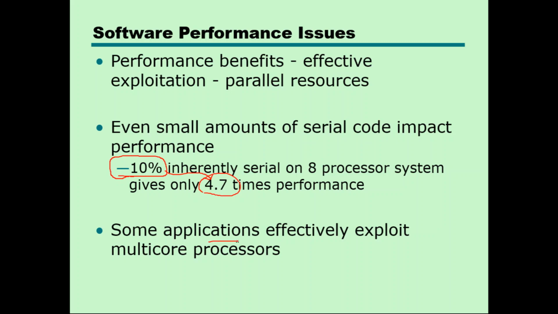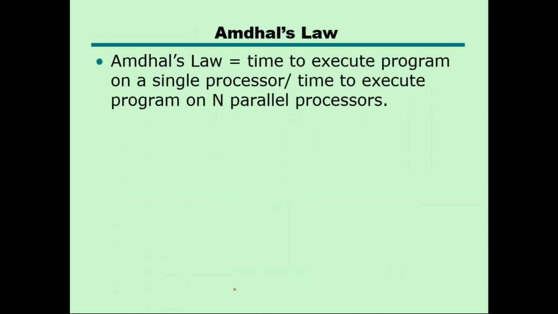But there are certain applications which can effectively exploit the multi-core processors, so we'll be discussing some of those applications also. Okay, so the performance gain can be measured by Amdahl's law. Sometime back, I think in operating systems, we discussed Amdahl's law.